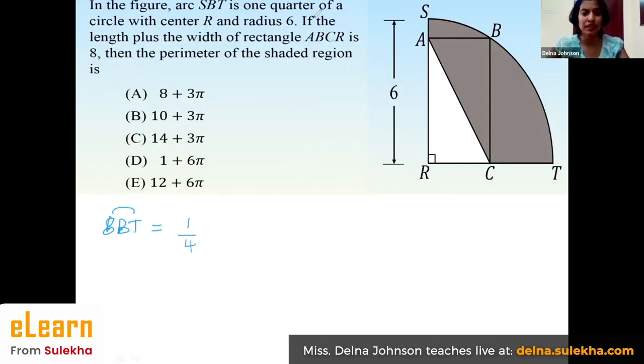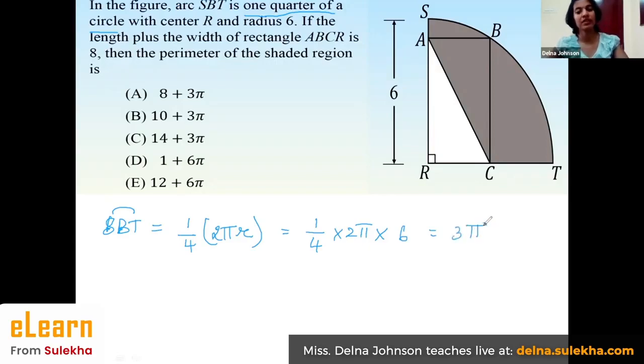And then for the circumference, we know that it's 2 pi r. So it's 1/4 into 2 pi into r, which is 6. So when you solve this, you're getting the answer 3 pi.